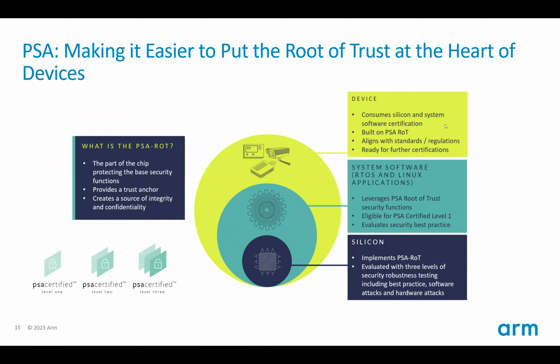The PSA Certified program also offers its own testing and certification at different levels, starting from the silicon, making sure that you have that immutable platform root of trust and what guarantees it provides, all the way to the device and the capabilities of the security of the device itself.